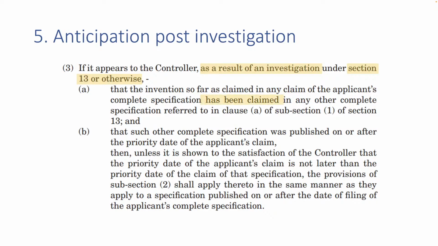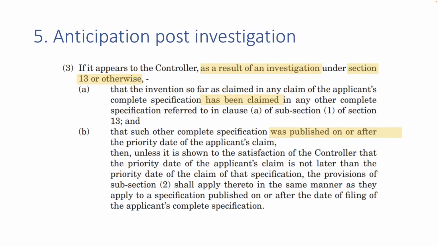Then the invention that has been claimed in the complete specification has been claimed before. So that's anticipation under Section 13(1)(a). It has already been claimed before in a complete specification, or in a complete specification published on or after the priority date of the applicant's claim. So this is under Section 13(1)(a), or such other complete specification which is published after the priority date of the applicant's claim.